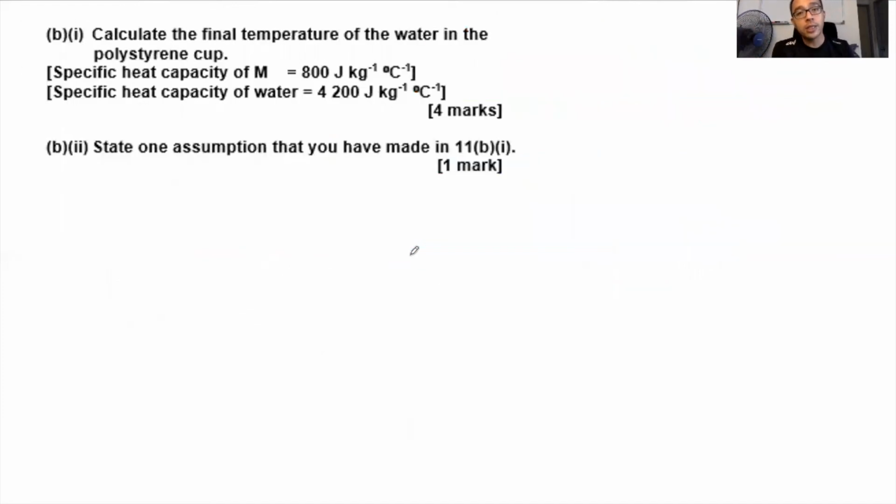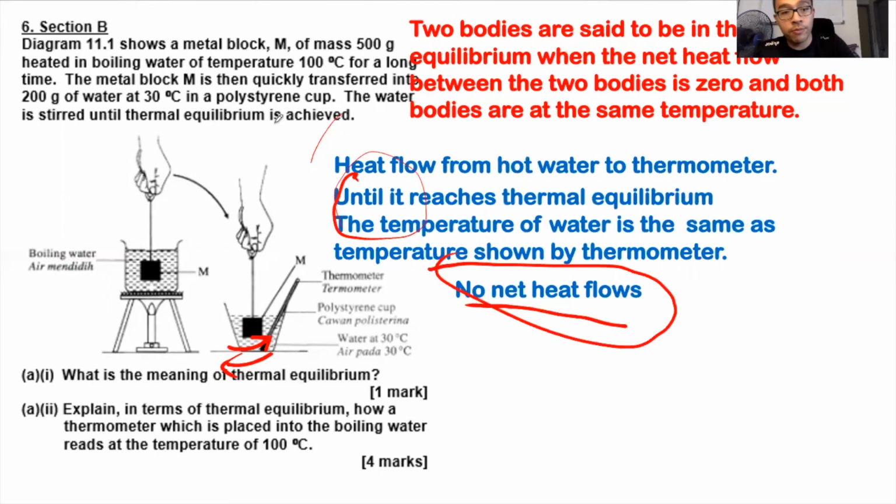Okay, another question in section B is a calculation question. Calculate the final temperature of the water in the polystyrene cup in thermal equilibrium. Let's take a look. We have the mass of 500 grams, boiling water at 100 degrees Celsius. If you remember from the previous one, when you transfer, this mass is still 100 degrees Celsius and the heat is flowing out.